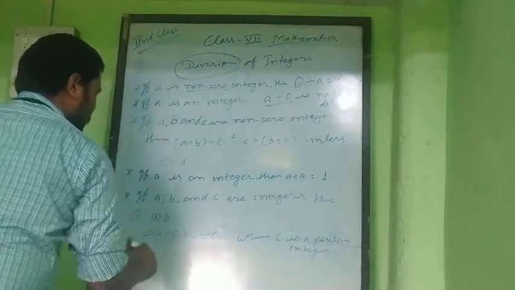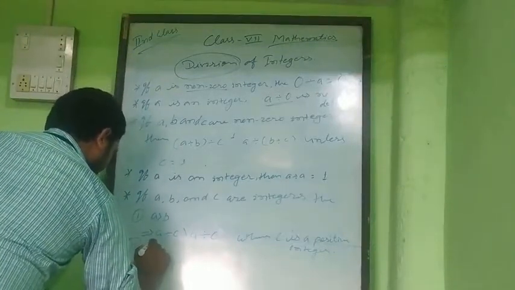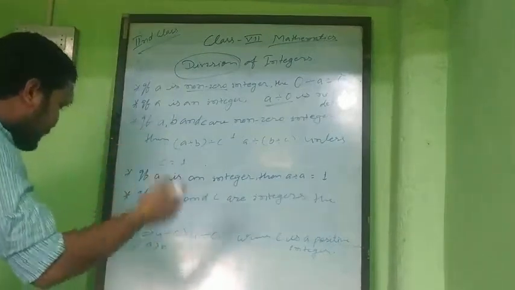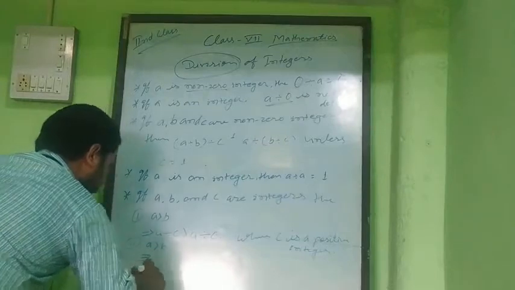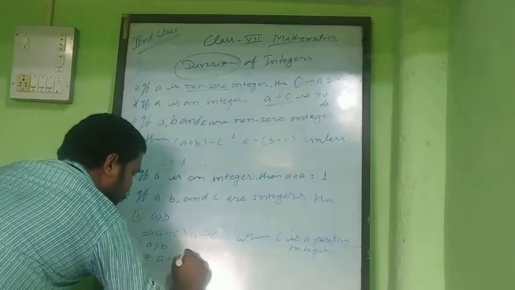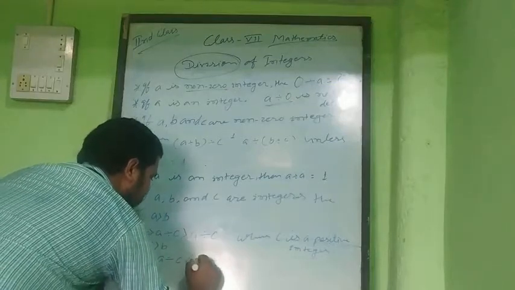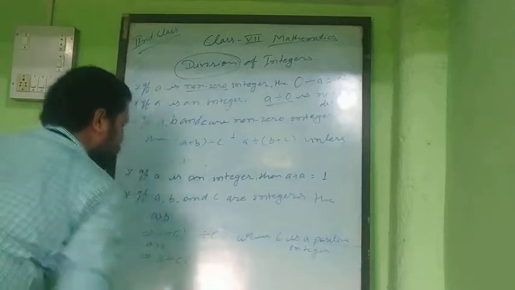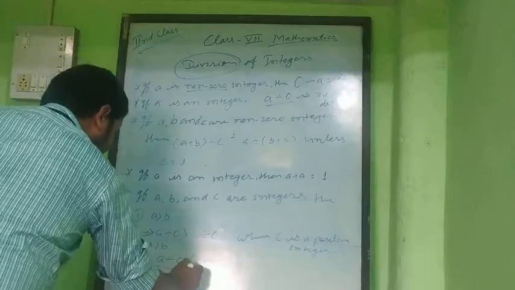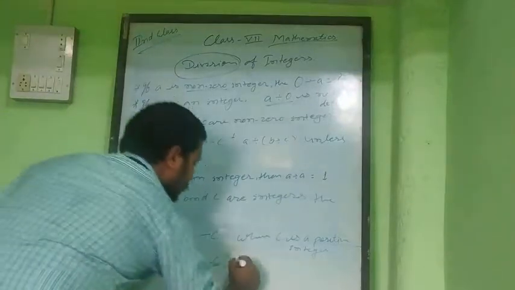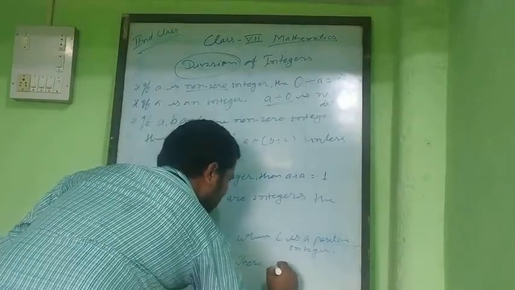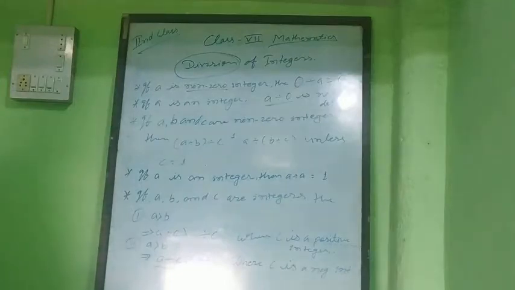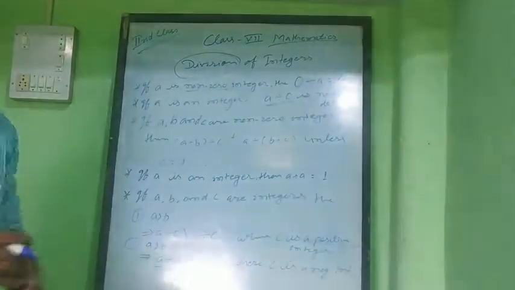Next, if A is greater than B, then A divided by C is less than B divided by C, where C is a negative integer.